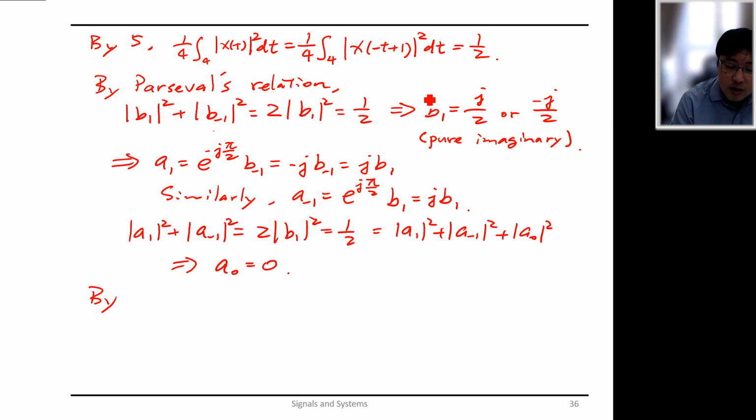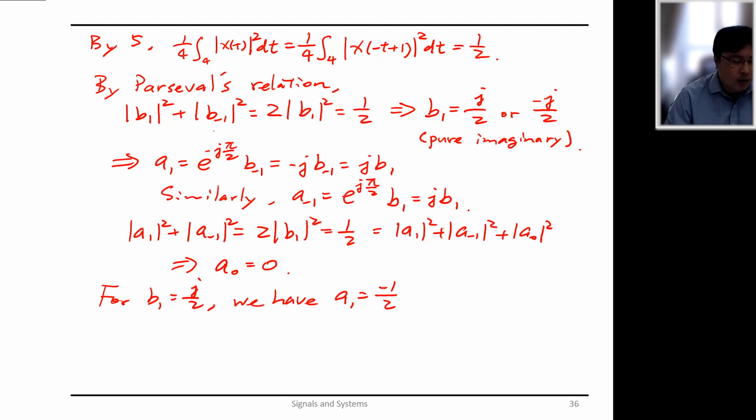Now there are two possible solutions for B1. So for B1 equal to j over 2, we have A1 equal to minus 1 over 2, which is equal to A sub minus 1.